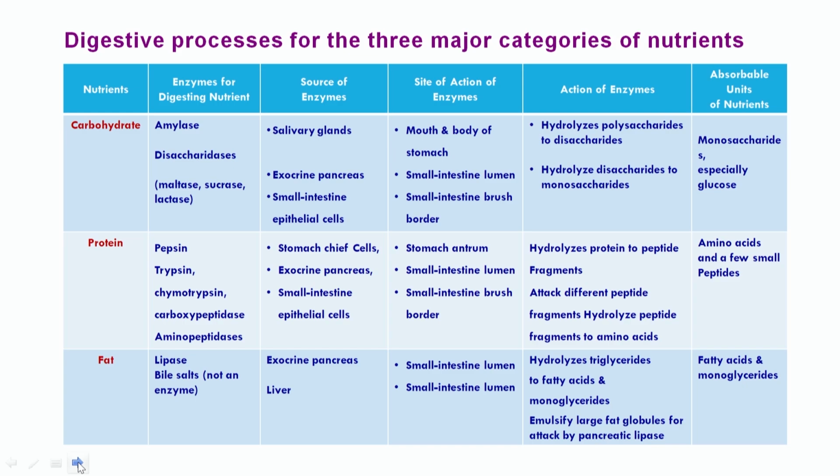So in this class we have learned about the digestion of the major nutrients, that is carbohydrate, fat and protein, and their absorption, how they are being digested and absorbed, and what the different enzymes are that are secreted and help in the digestion of the nutrients, which are then absorbed and made available for the animals. Thank you.